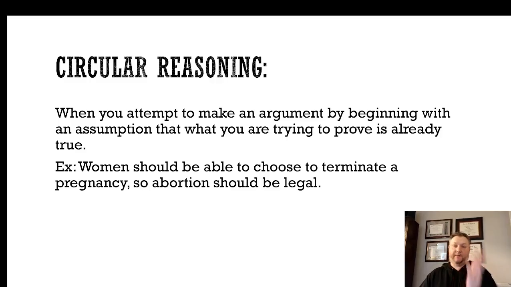If I wanted to fix this, all I'd have to do would be say something like, abortion is a significant medical procedure and a surgery. So therefore, abortion should be legal. Or, well, actually, here's what I should say. Abortion is a significant medical procedure. It is a surgery. These are pieces of evidence to support the conclusion.